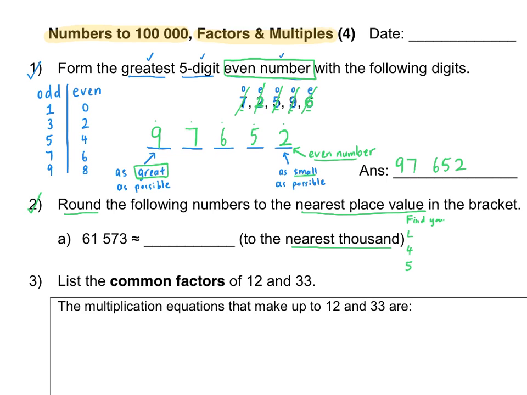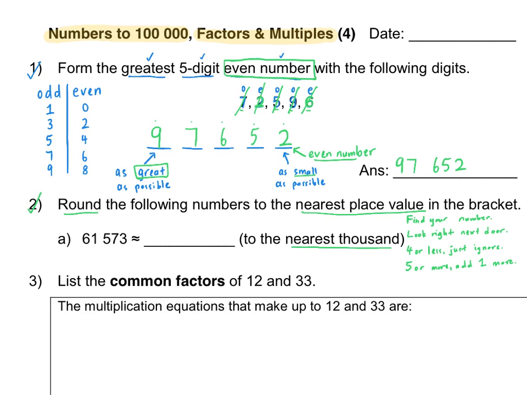Find your number, look right next door. 4 or less, just ignore. 5 or more, add 1 more. So step 1, let's find the number first.